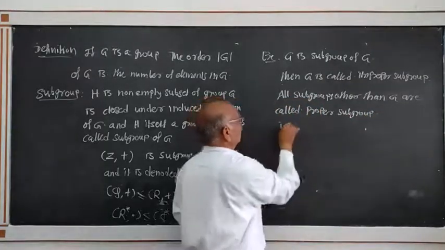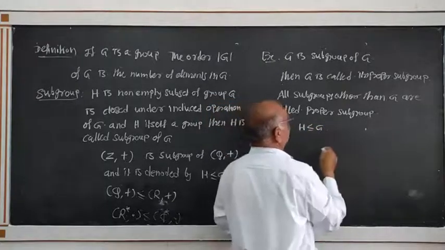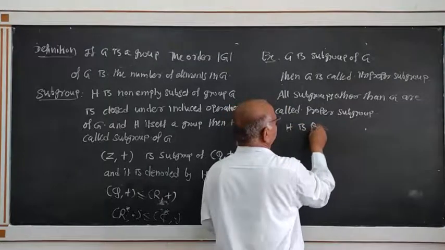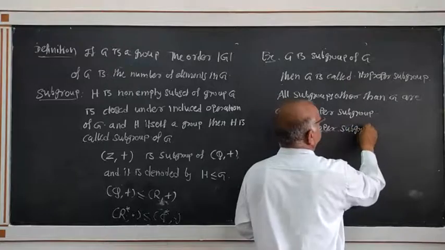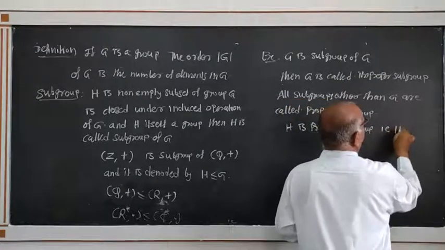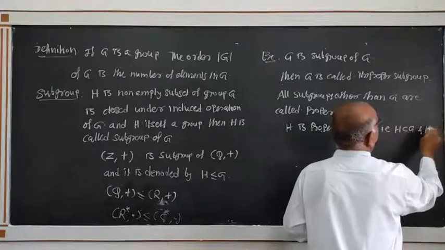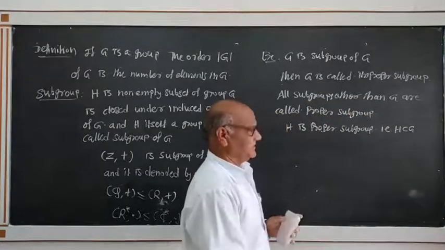That means if H is a subgroup of G and H is a proper subgroup, then H is a subset of G and H is a proper subset of G.